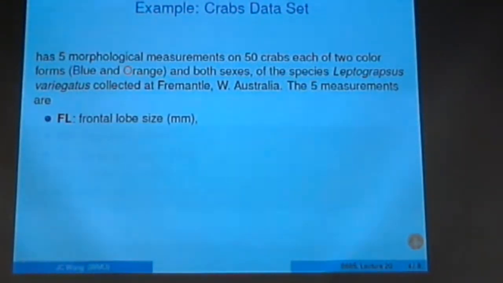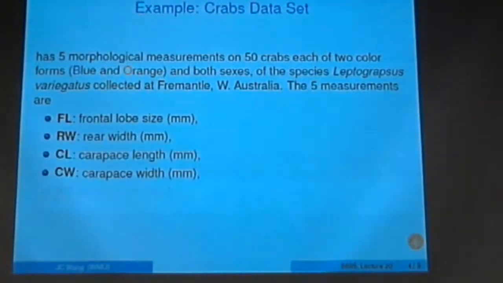The 5 measurements are frontal lobe size, rear width, CL, CW, and PD, all measured in millimeters. They are all numerical measurements in this data set.